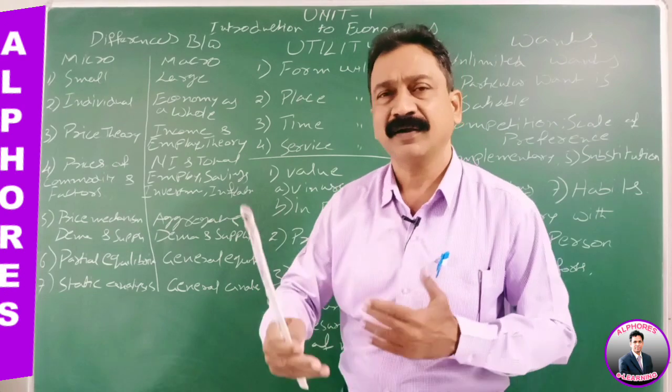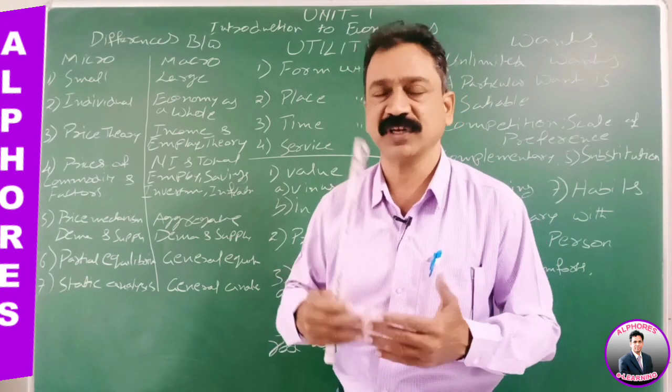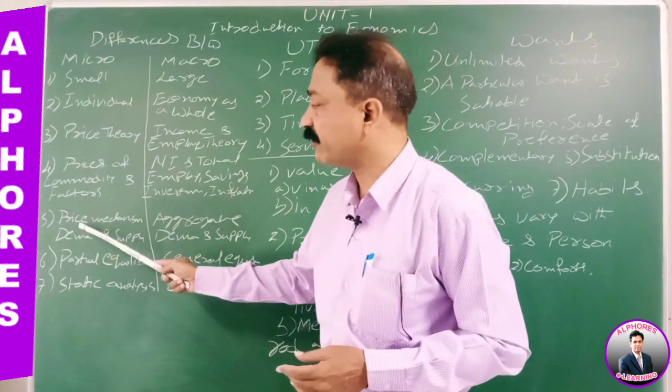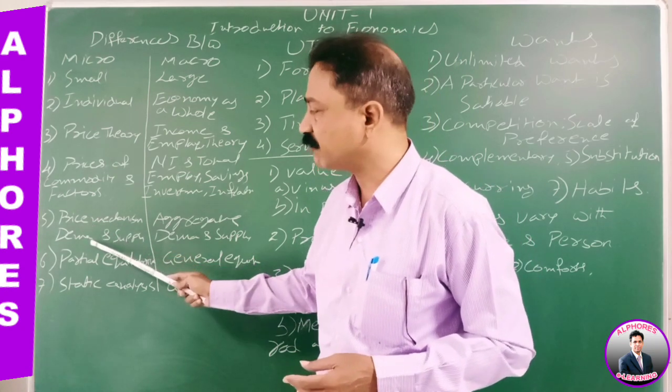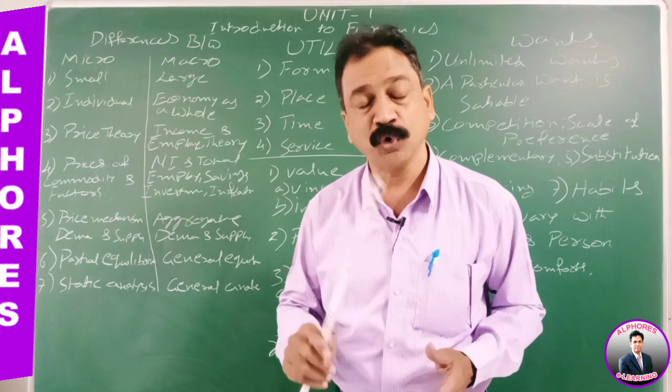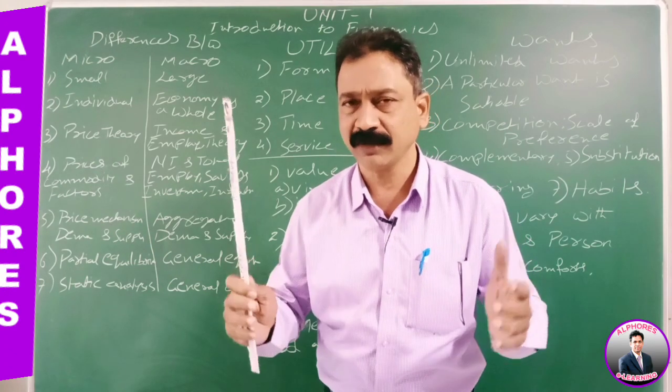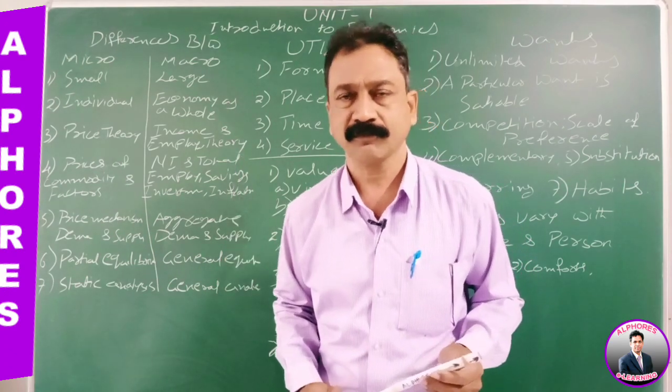They have direct and inverse relations. Price has a direct relation with supply, whereas price has an inverse relation with demand. Those topics we will discuss in detail in our 3rd chapter.